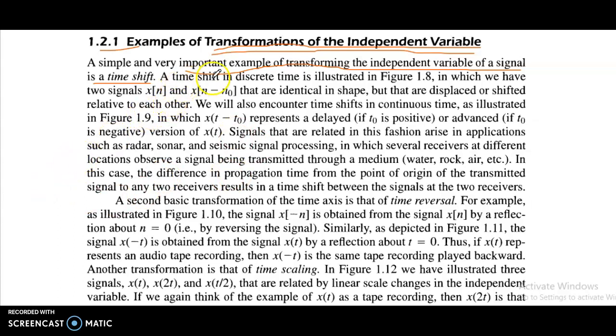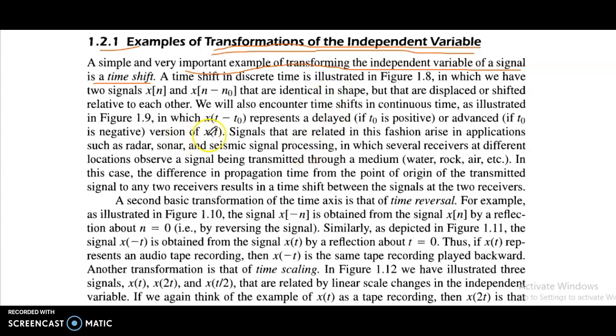A time shift in discrete time is illustrated in figure 1.8, in which we have two signals, x of n and x of n minus n0, that are identical in shape, but are displaced or shifted relative to each other.